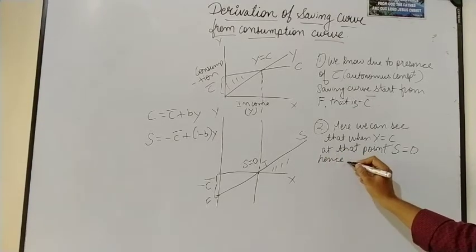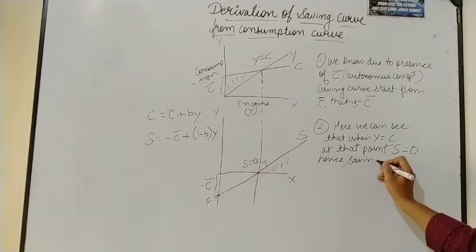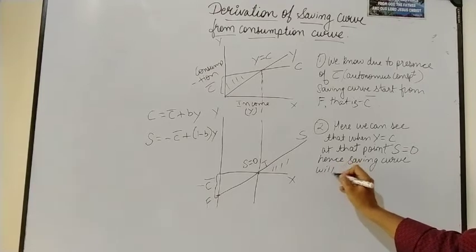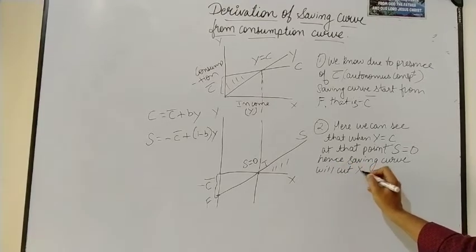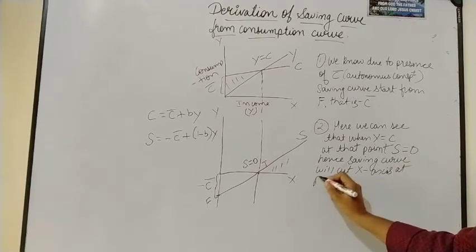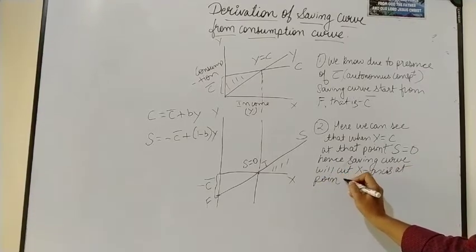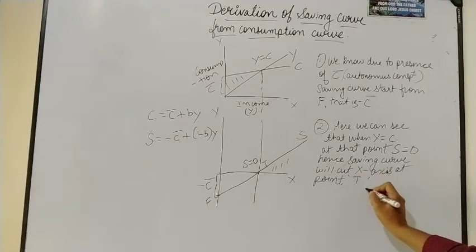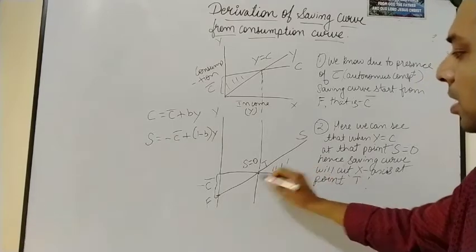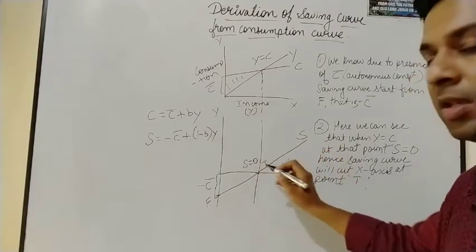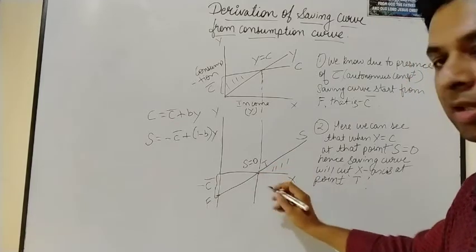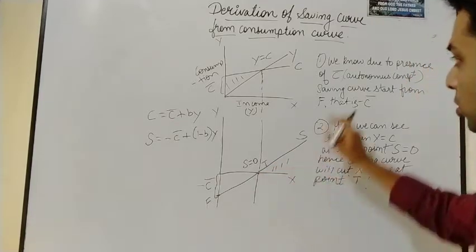Hence the saving curve will cut the x-axis at point T. So when Y is equal to C, the x-axis is cut by the saving curve at S equal to 0, that is your point T. At point T it is cutting this x-axis.